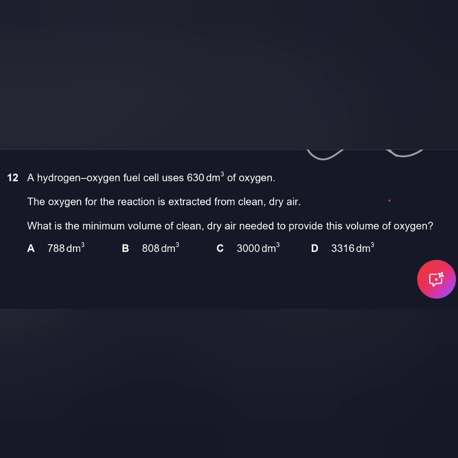Alright, question number 12. A hydrogen oxygen fuel cell uses 630 decimeter cube of oxygen. The oxygen for the reaction is extracted from clean dry air. What is the minimum volume of clean dry air needed to provide this volume of oxygen?